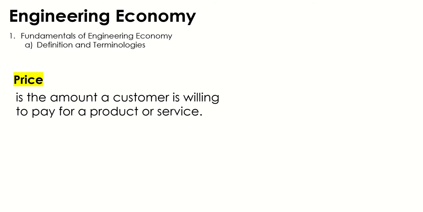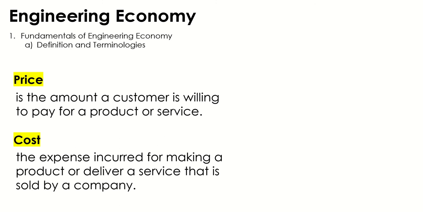Okay, next is price. Price is the amount the customer is willing to pay for a product or service. Now, in contrast, cost is the expense incurred for making a product or delivering a service that is sold by a company. When we say price, it's all about the customer. But when we talk about cost, it is the company who is making the product or service.